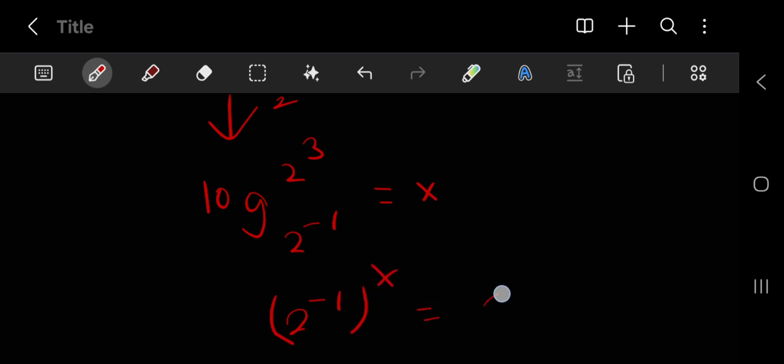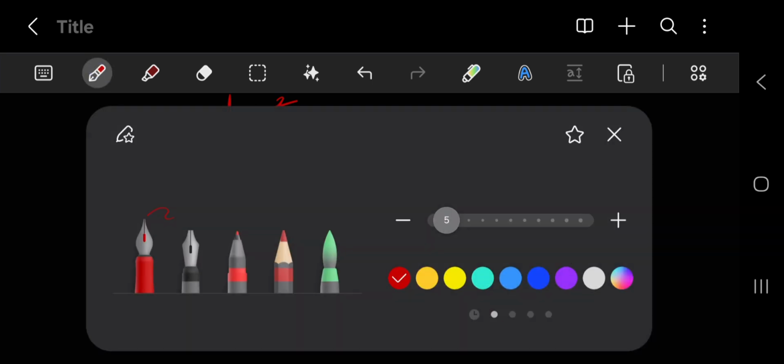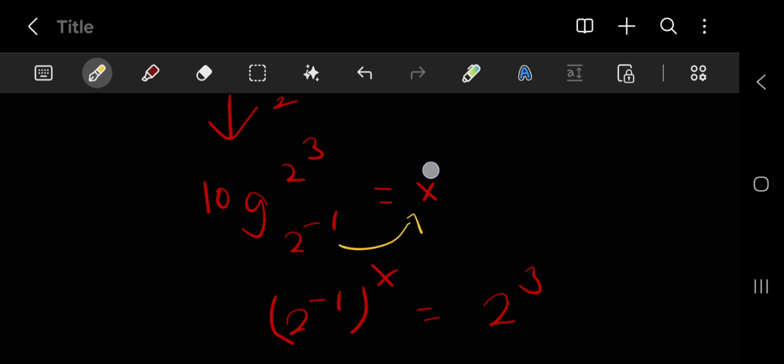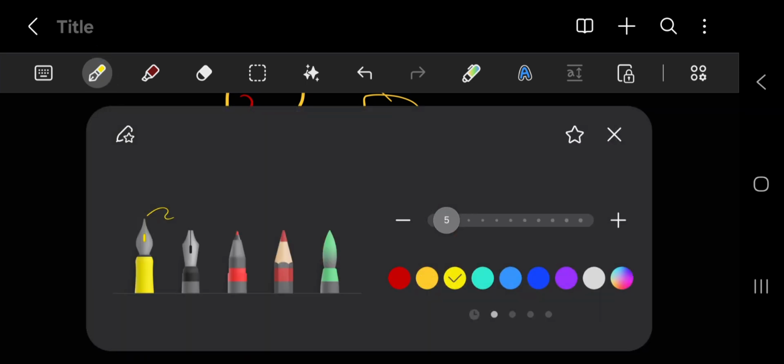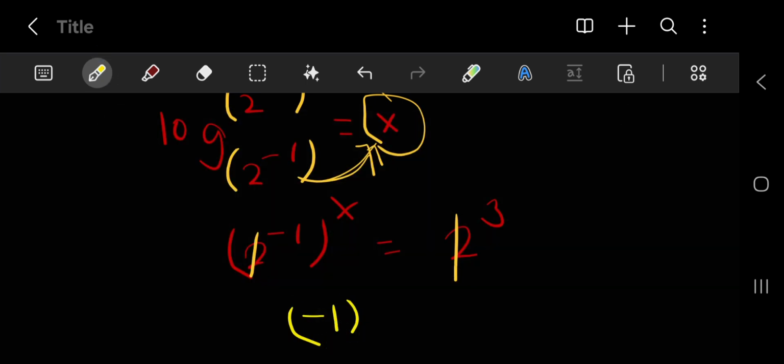Minus 1 into x is equal to 3. x is nothing but minus 3. For better understanding, I'm writing it again. At the start, I said that 1 by 2 is nothing but 1 by 2 power 1, and it is nothing but 2 power minus 1, because we know that a power minus m is equal to 1 by a power m.